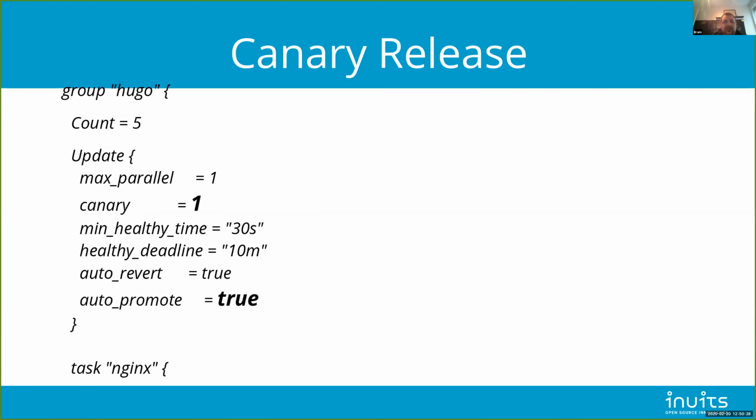This also brings Canary releases. In Canaries, we'll have a Canary number that is lower than the count. So we'll bring online a few instances of the Canary version, the next version we're bringing online. And in this case, we'll just auto promote if it succeeds, and that way we'll keep going and eventually have the new version online automatically.